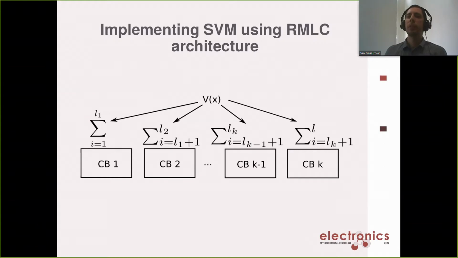The main pipeline is shown here. So the whole sum needed for calculation is split into smaller sums, and then these configurable blocks calculate part of the sum, and that enables more than one input instance to be calculated at the same time. This is coarse-grained pipelining inside the architecture.